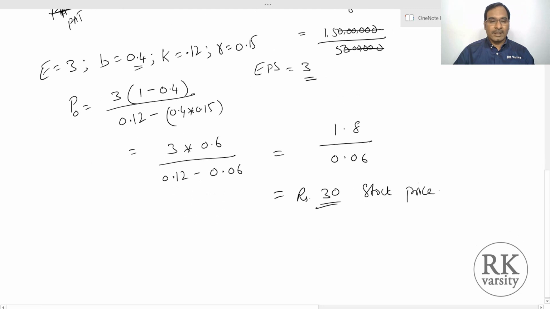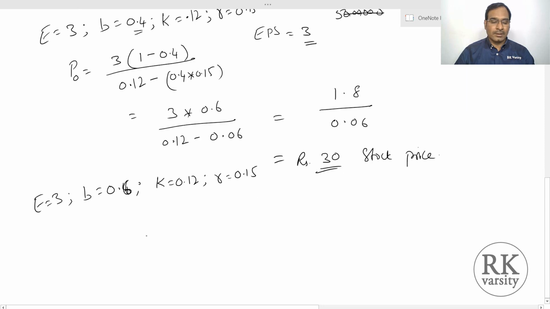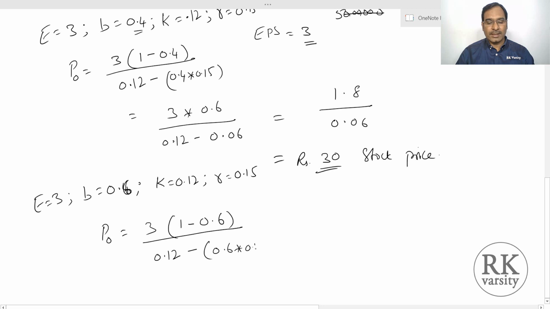Let us say if the retention ratio is 60%, then what would be the price? So here earnings per share is 3, and retention ratio instead of 40% is 60%. Then K remains constant and r remains constant. So price equals 3 times 1 minus 0.6 upon 0.12 minus 0.6 times 0.15.